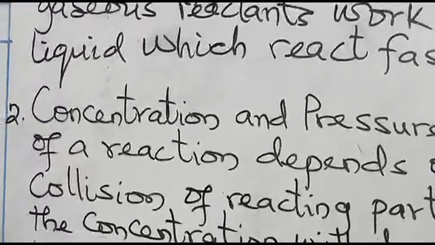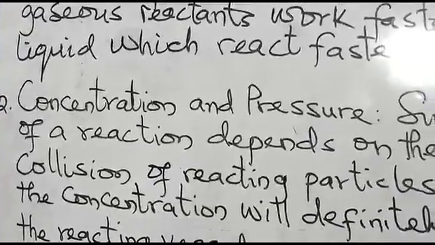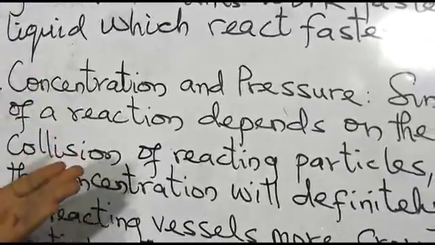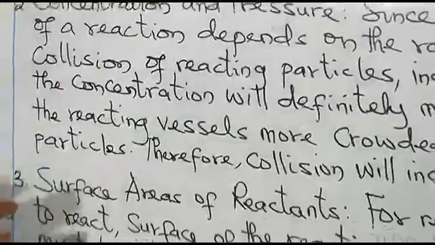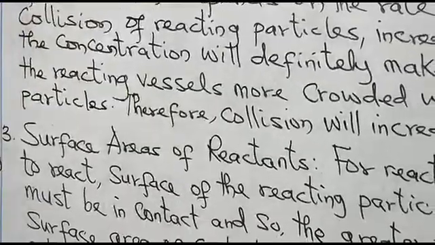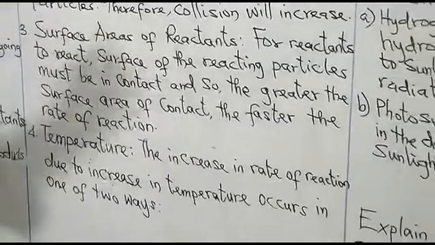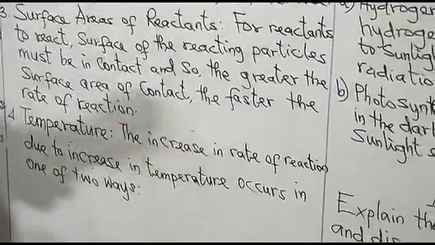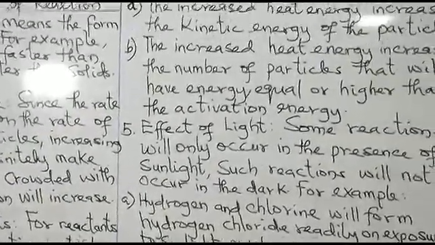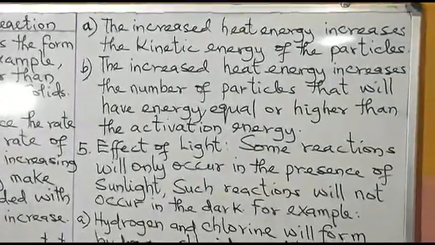I think you can begin to apply this to some of the reactions that you know. It will tell you whether the reaction will be fast or slow, considering the factors listed here.